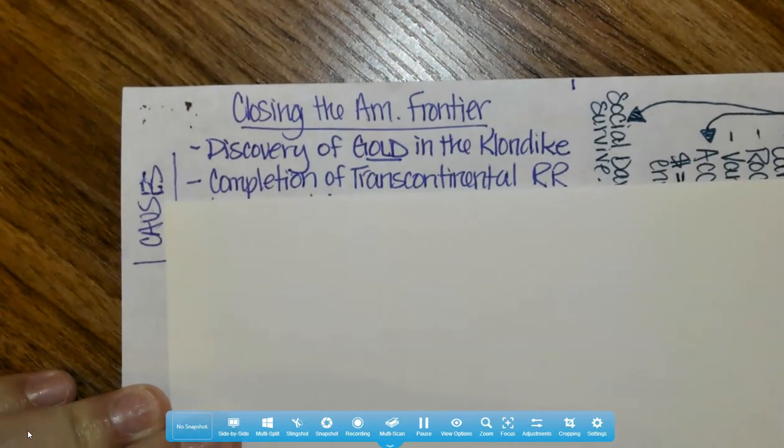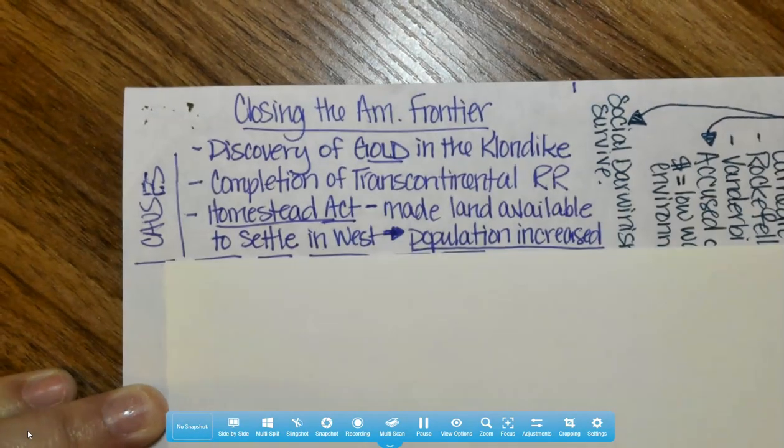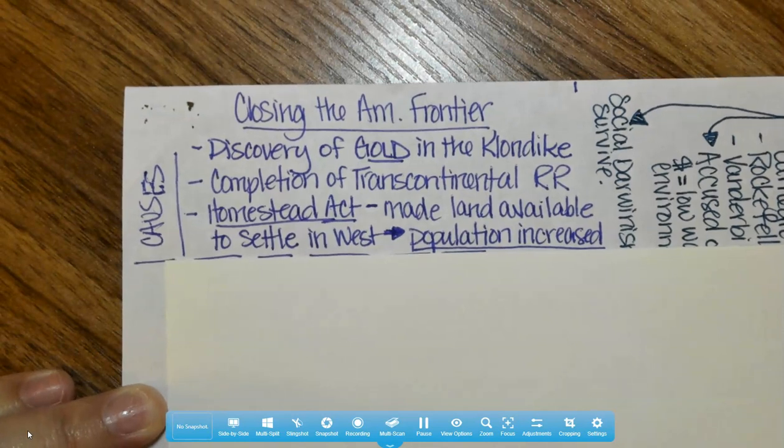Completion of the Transcontinental Railroad is going to lead to there's no more room in the West. And finally, the Homestead Act. This is the law that gave away land, so it made land available to settle in the West.